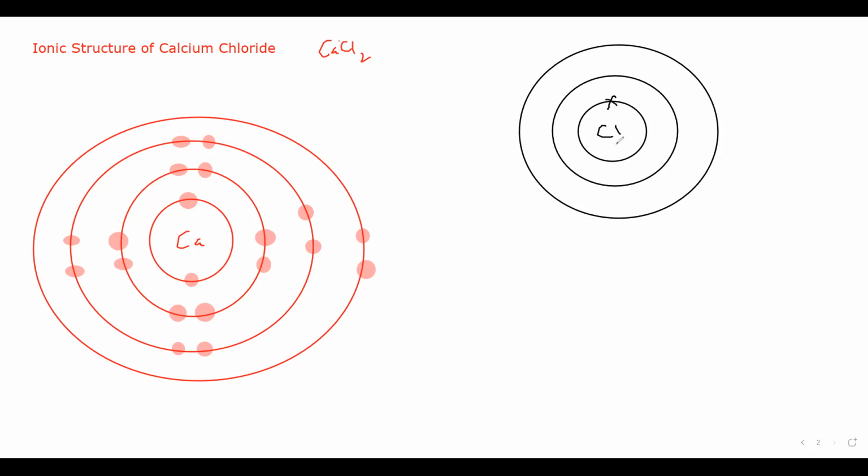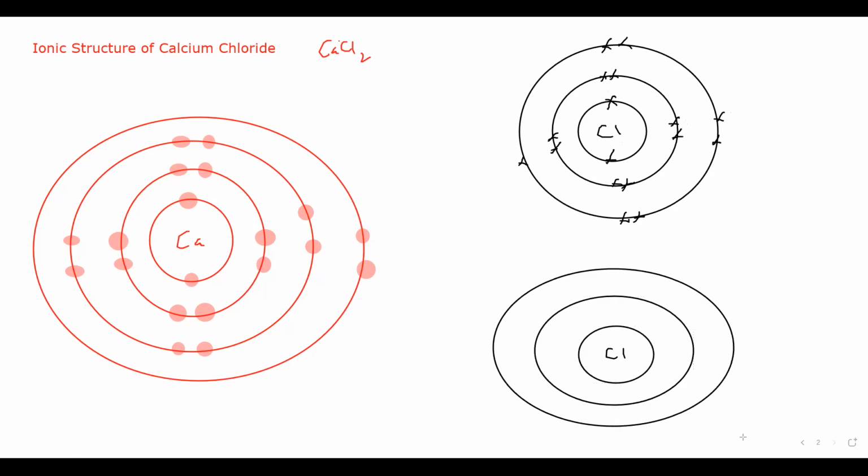So the first shell has 2 electrons, the second shell has 8 electrons, and the third shell has 7 electrons. Same for the other chlorine: the first shell 2, second shell 8, and the third shell 7.